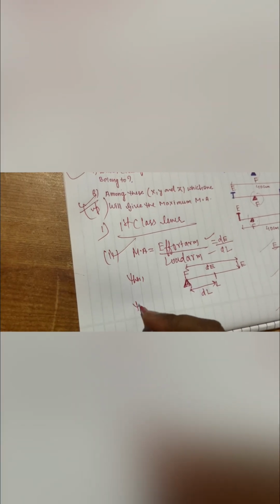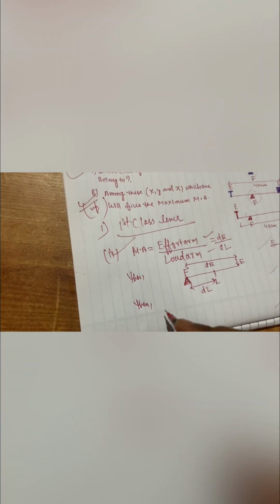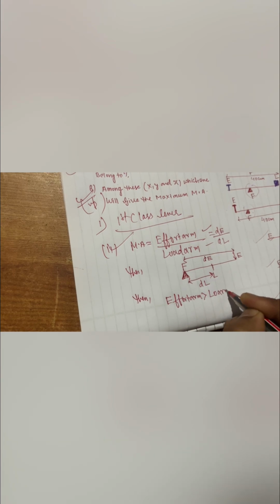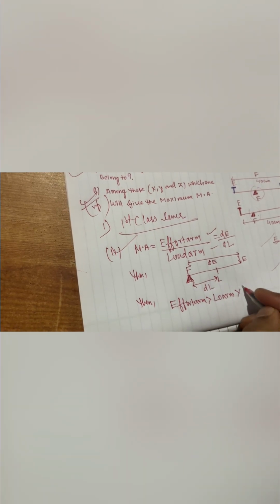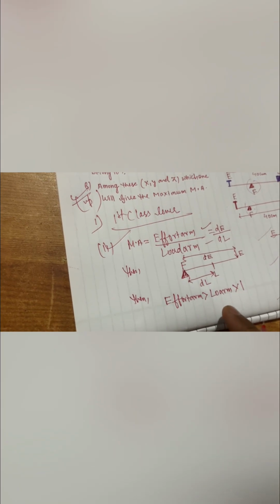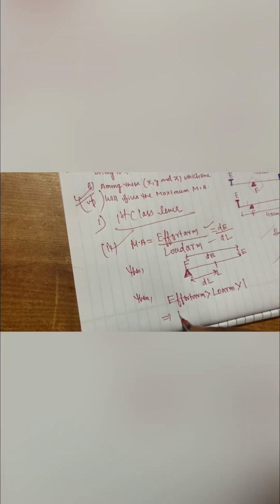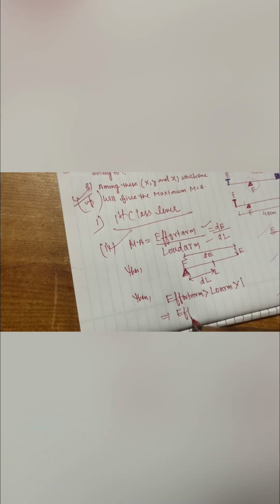As we know, if the effort arm is greater than the load arm, then effort arm is greater than load arm multiplied by 1. Whenever a quantity multiplied by 1 moves from LHS to RHS, it is divided.